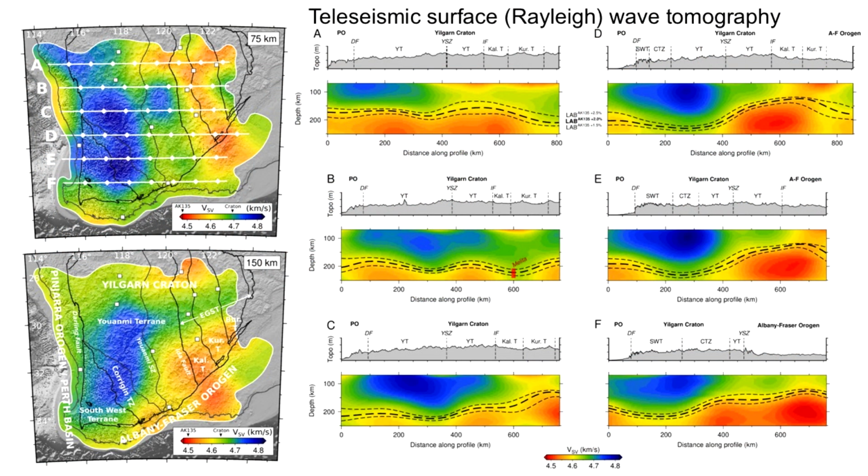So then going to the deeper stuff, the surface wave models. Again, you've seen this, 75 and 150 kilometers, with the cross sections shown on the right-hand side. Again, I'm going to point out these things on the color bars.